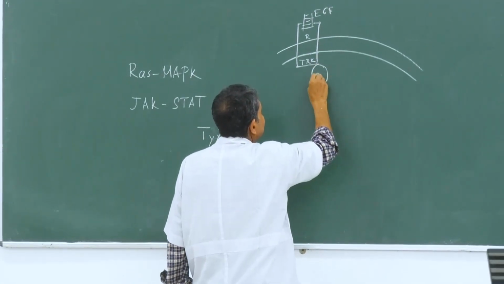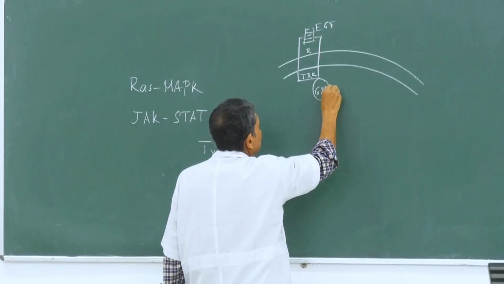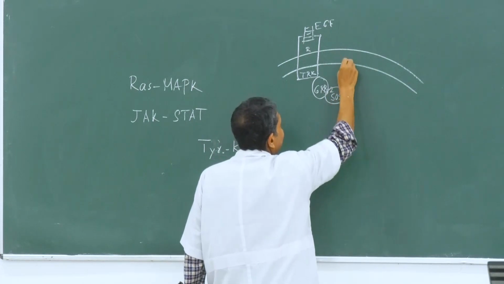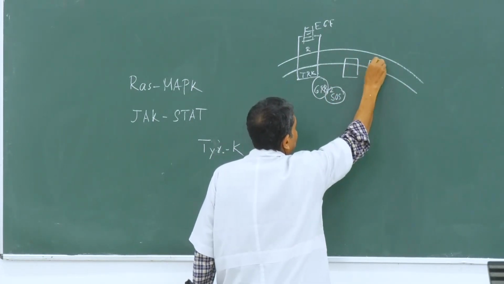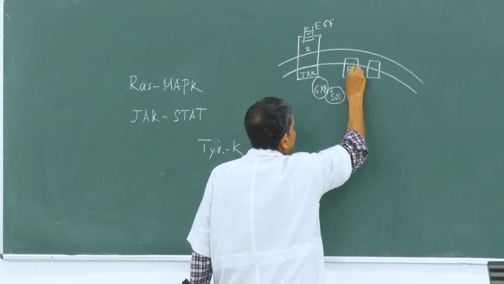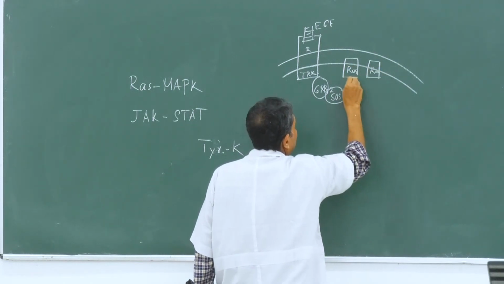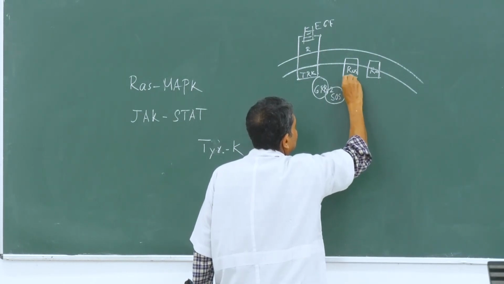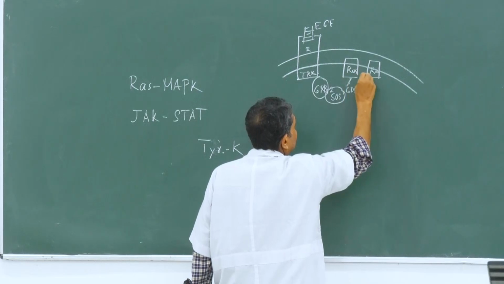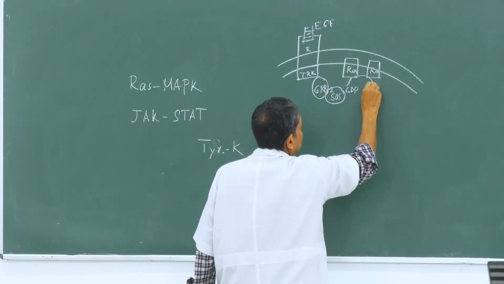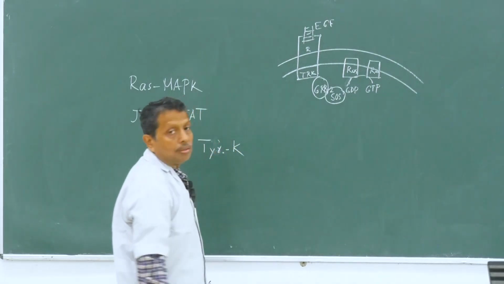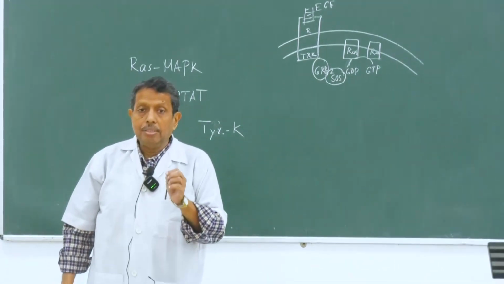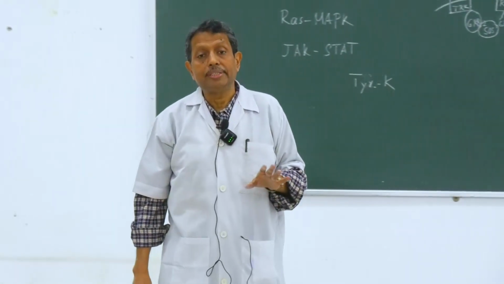Suppose it is GRB2 in this way, SOS. I am explaining this, and it is the RAS protein, GTP. These RAS proteins are monomeric G proteins.